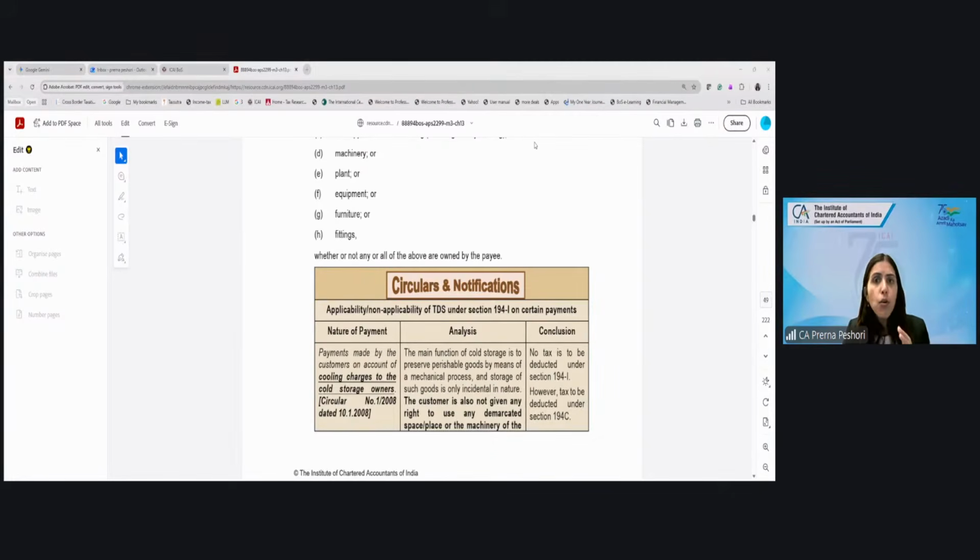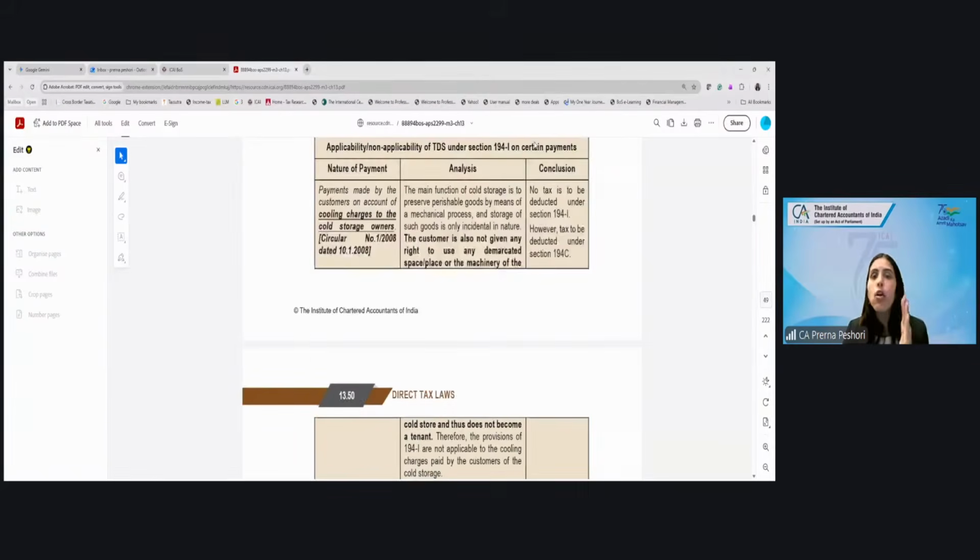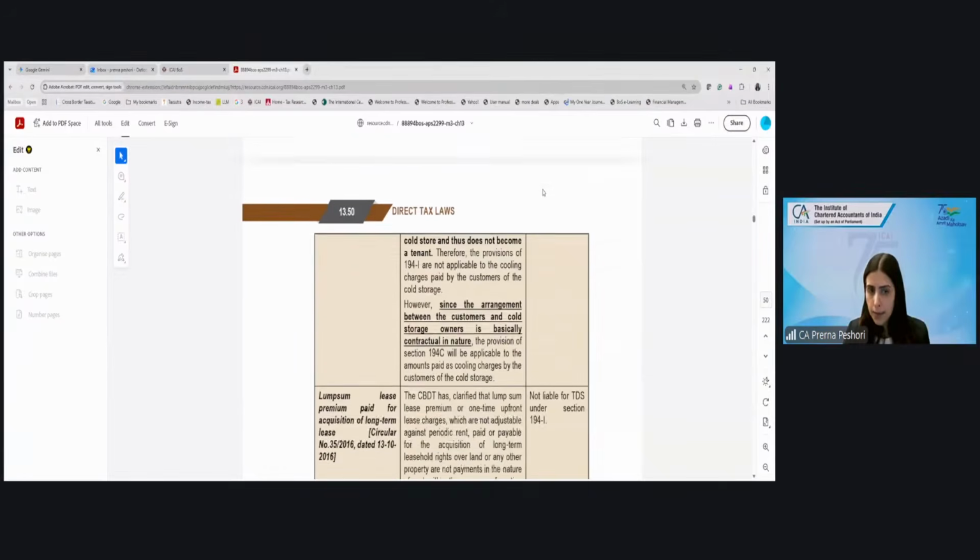The function of the cold storage is to preserve perishable goods, and the storage of goods is just incidental. Here they are not giving you a demarcated space to use. So here the arrangement between the customer and the cold storage owner is basically a contract. Therefore, the TDS will be under 194C and not under 194I.